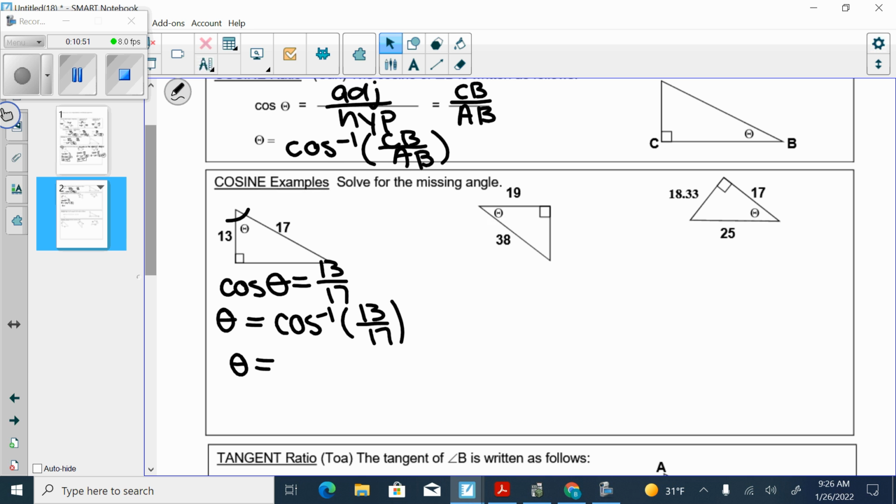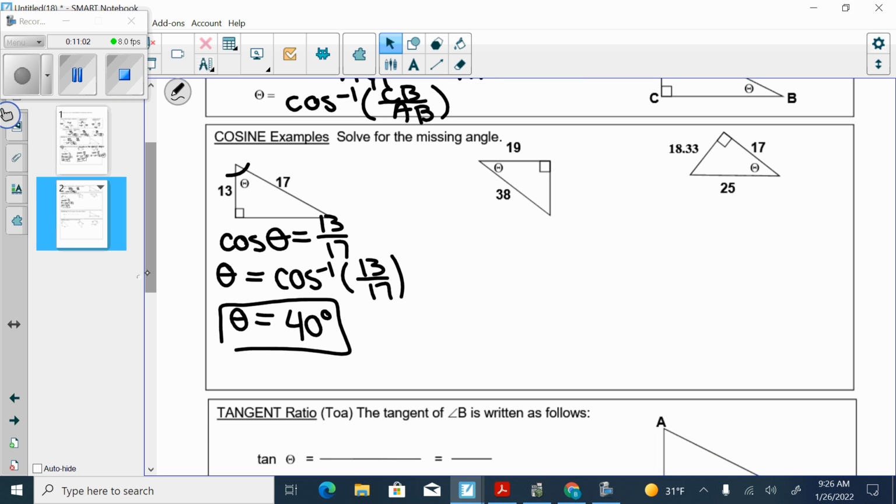And we end up with theta being good. All right. Let's do another one.